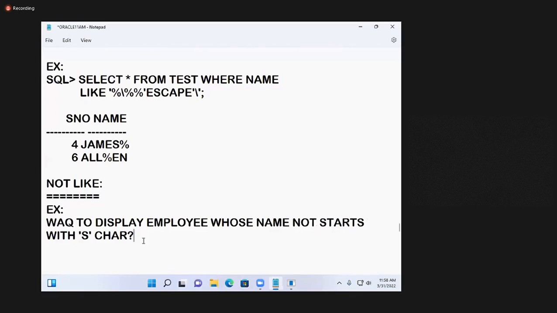So what I want to use is not like. How to write here: select star from EMP where ename not like 'S%'. Now this is the negative operation on your like operator.